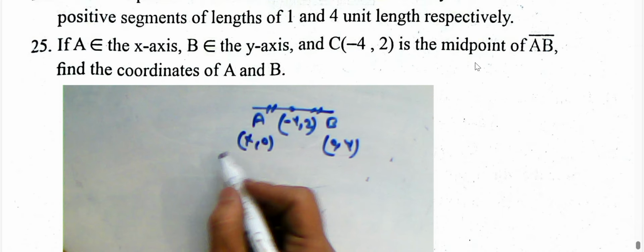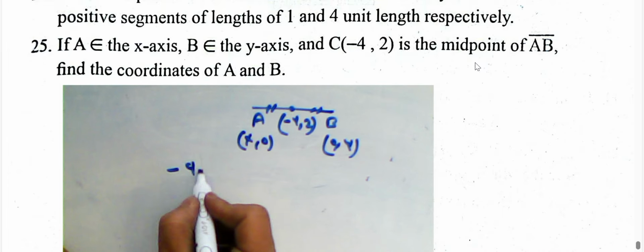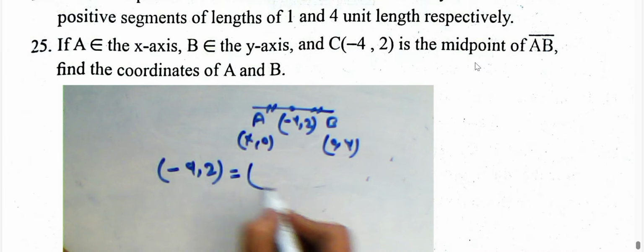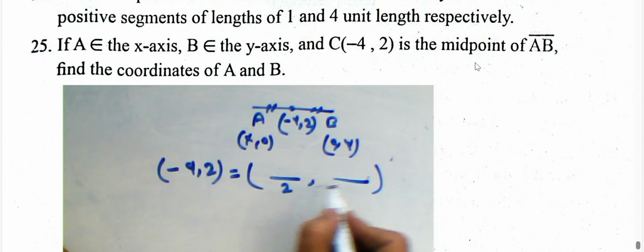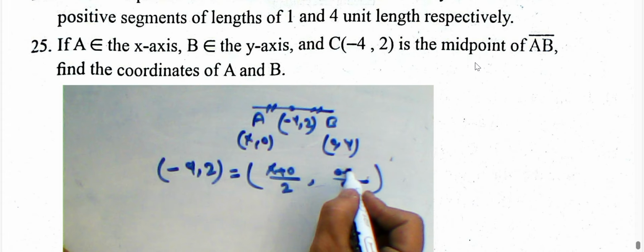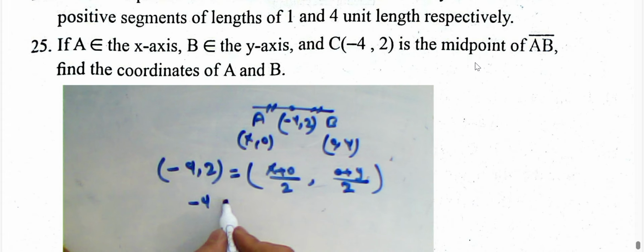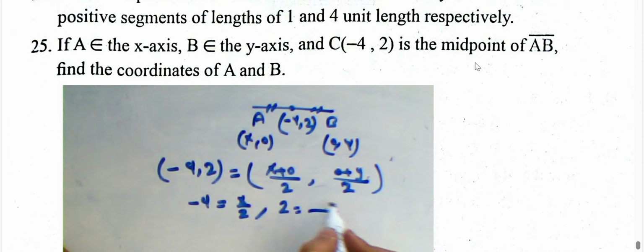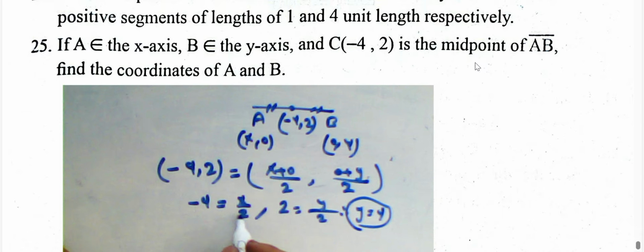You want to find the coordinates of A and B. We can write the midpoint rule: x plus 0 over 2 equals negative 4, and 0 plus y over 2 equals 2. So y equals 2 times 2, which is 4, and x equals 2 times negative 4, which is negative 8.